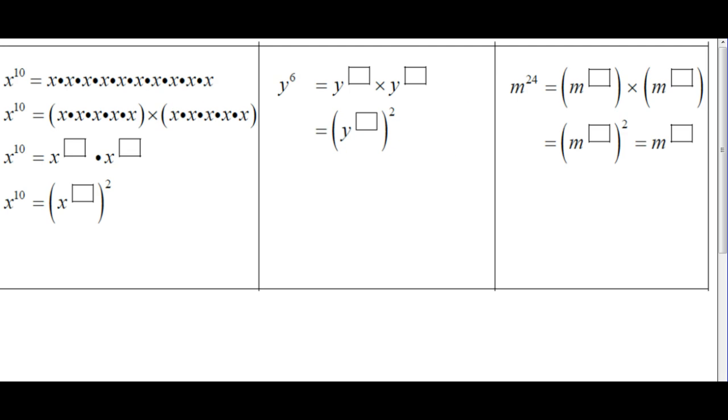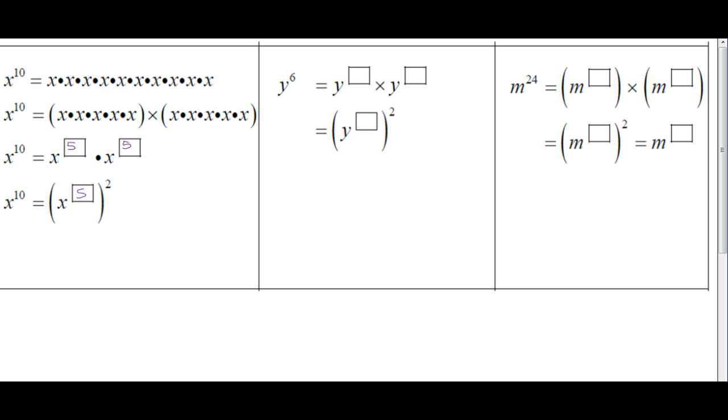All right. What if they aren't numbers? What if they're variables? So we have x. We have 10 x's. We can split that into 2 groups of 5, right? So it's x to the 5th times x to the 5th, which is x to the 5 squared.